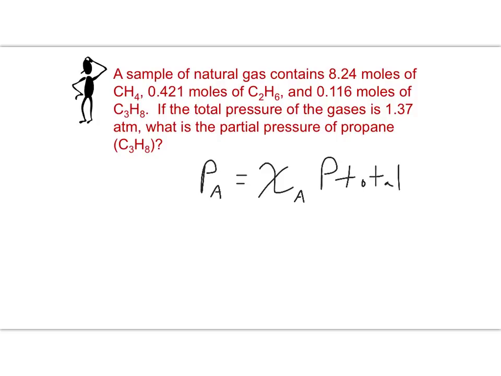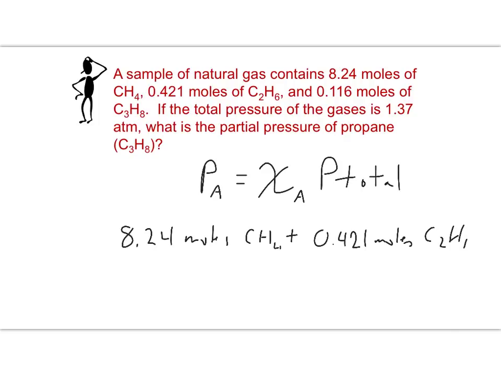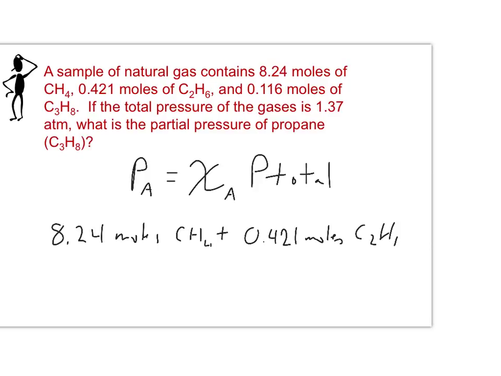In this particular example, the question's asking for propane. So we've got 8.24 moles methane. We've got 0.421 moles of ethane, C2H6, and you've got 0.116 moles of propane.